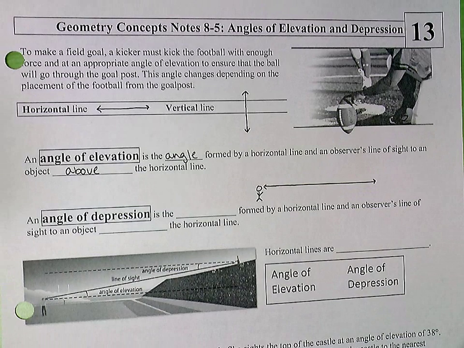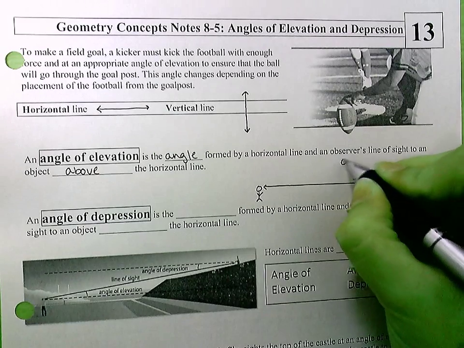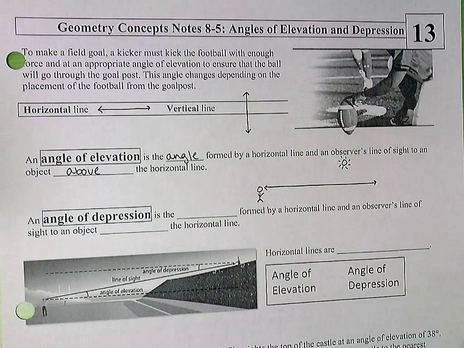To make an angle of elevation, you need an object above that horizontal line. Not that you should look into the sun, but if the person was looking at the sun, or the moon, I'm going to draw a sun. You can draw a moon.